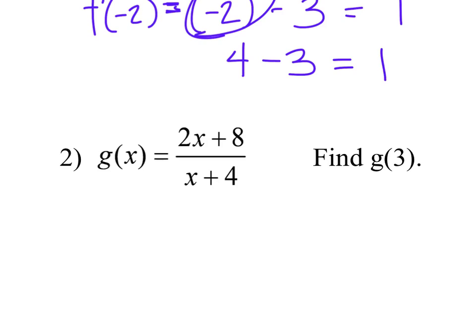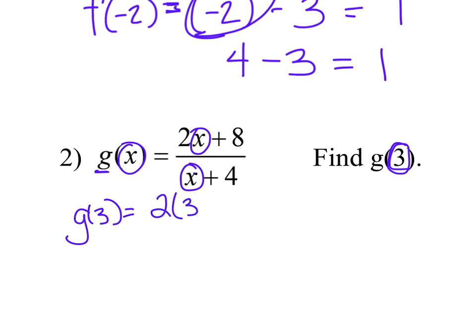So this one here, g of x. Now this one's called g. They're asking you to plug 3 in everywhere there's an x, and there's, I guess, 3 places. So g of 3 equals 2 times 3 plus 8, over 3 plus 4. I do this division last, so I'm going to do the top first.